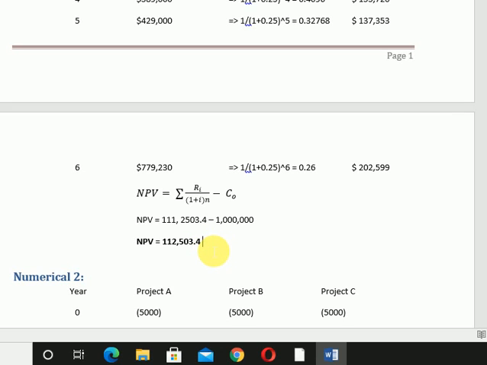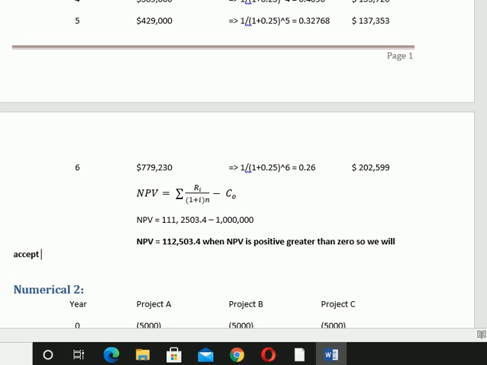When NPV is positive, meaning greater than 0, we will accept the investment project, and vice versa.